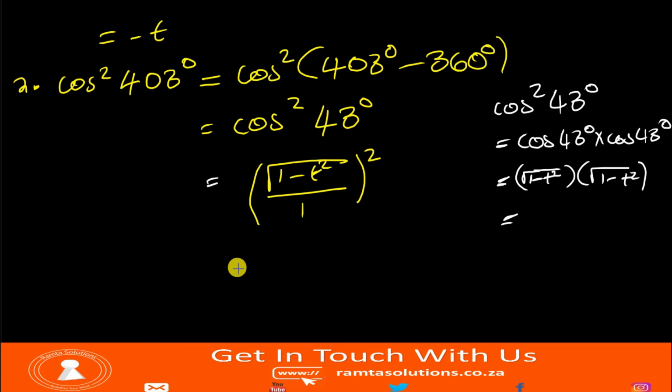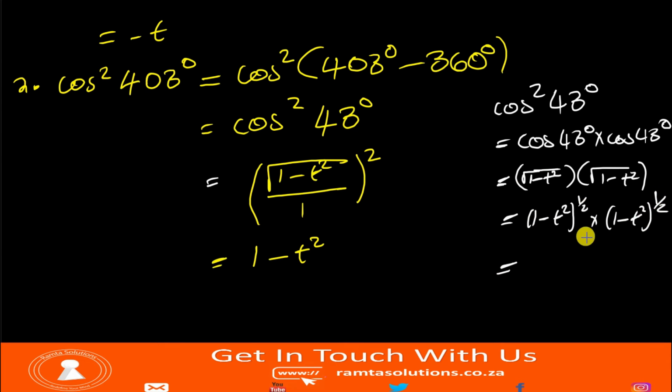Happy? So this will then become 1 minus t squared. Remember, you are in grade 11, so you know how to factorize or multiply. When bases are the same, you add exponents. For those that get confused, this is similar to saying 1 minus t squared to the power half multiplied by 1 minus t squared to the power half.